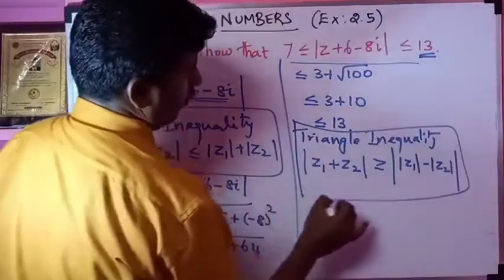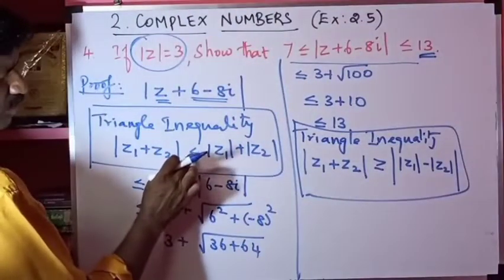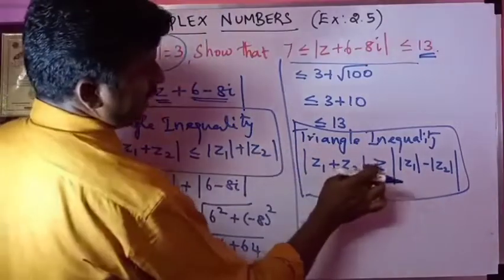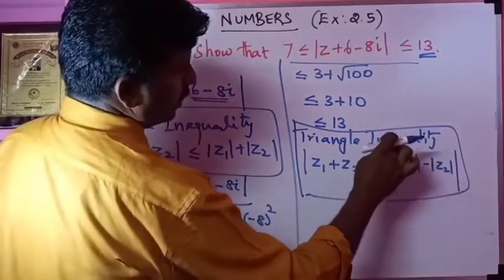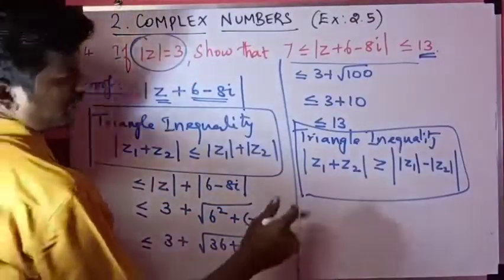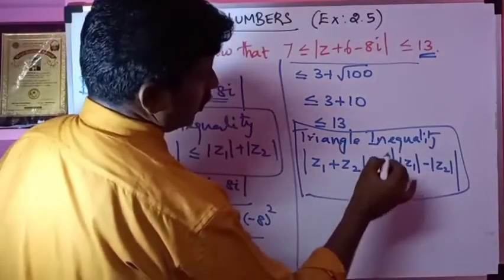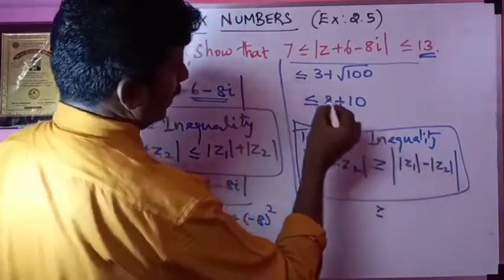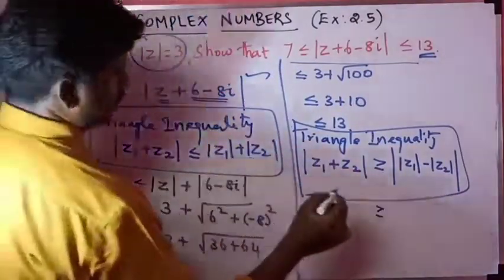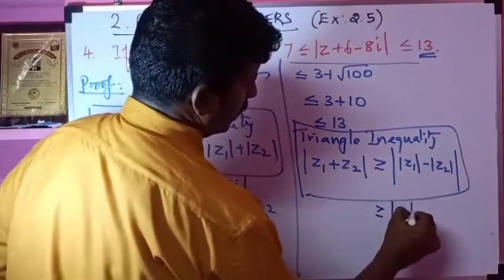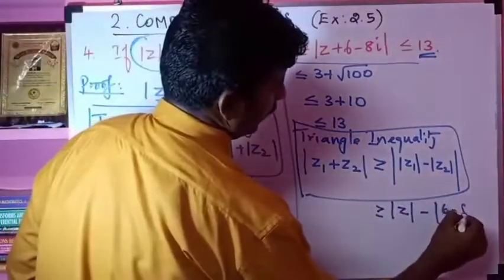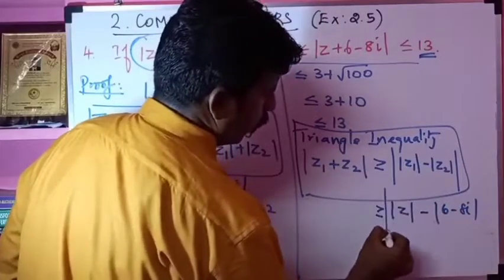Triangle inequality property. இந்த சிம்பிள் வித்தியாசம் பாருங்க. less than or equal toனா separate modulus போட்டா போதும், இடையில plus. Greater than or equal toனா இங்க minus வரும், then z1 z2 ரெண்டுத்துக்குமே the whole modulus போடுவோம். So this is greater than or equal to modulus z minus modulus of 6 minus 8i, then the whole modulus.